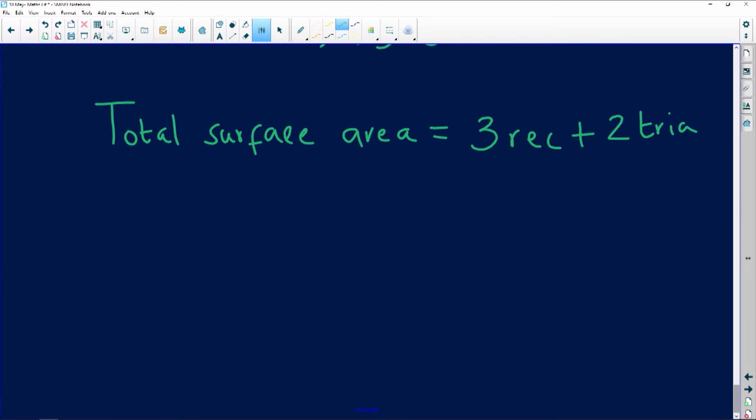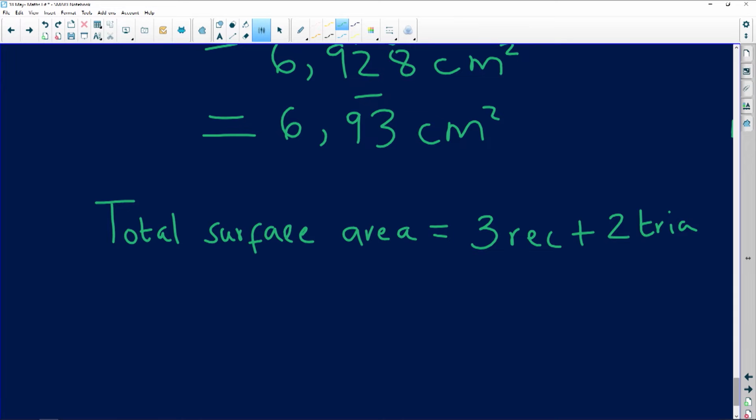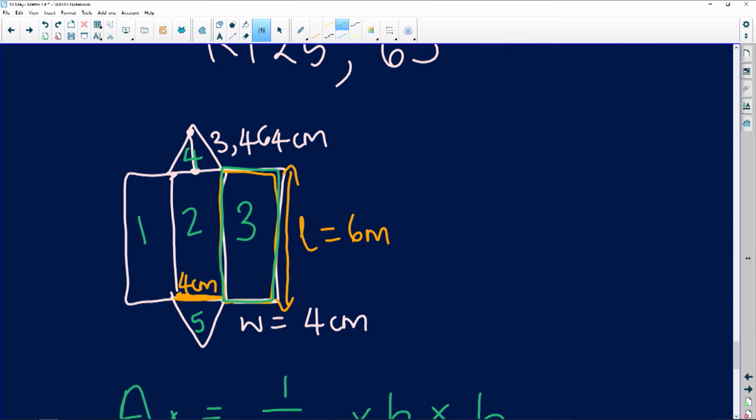I'm going to find the area of one triangle by going up, and I've calculated the area of one triangle over there. And the best thing to do in this particular case is to use it in its original form. There is its original form over there. So I'm going to use that one as it is, but because that one is already calculated for us, let's find the rectangles. We've got 3 rectangles there and we are told that they are identical.